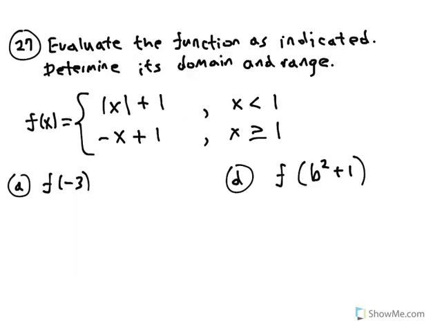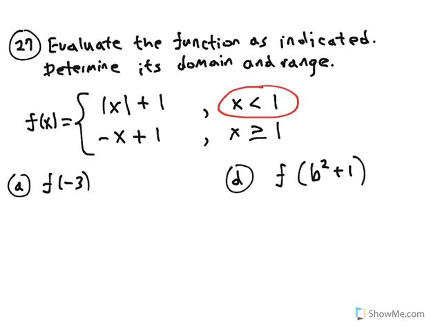Number 27, evaluate the function as indicated, determine its domain and range. Number 27 is called a piecewise defined function, which is one of our vocabulary terms. And it is called a piecewise defined function because there are different rules or different pieces of the function depending on the input value that is given to the function.